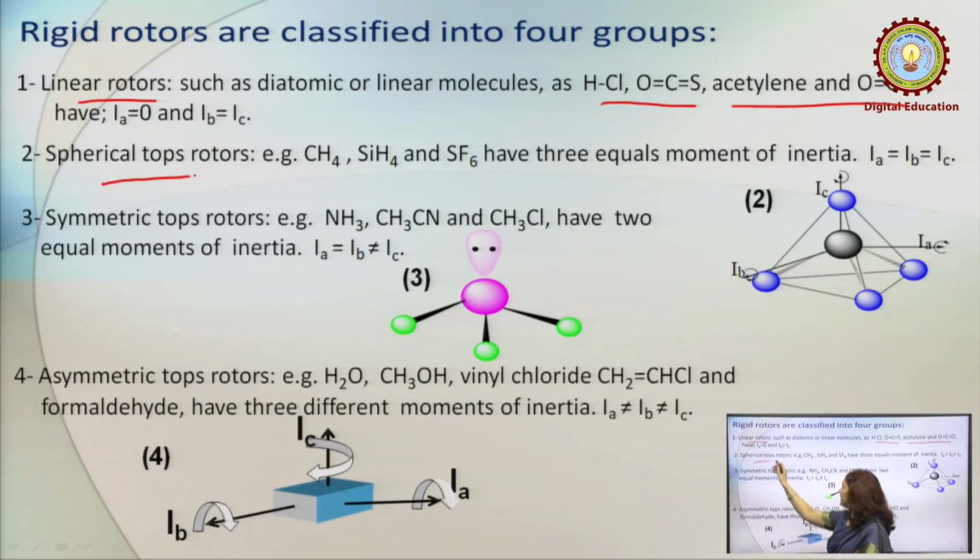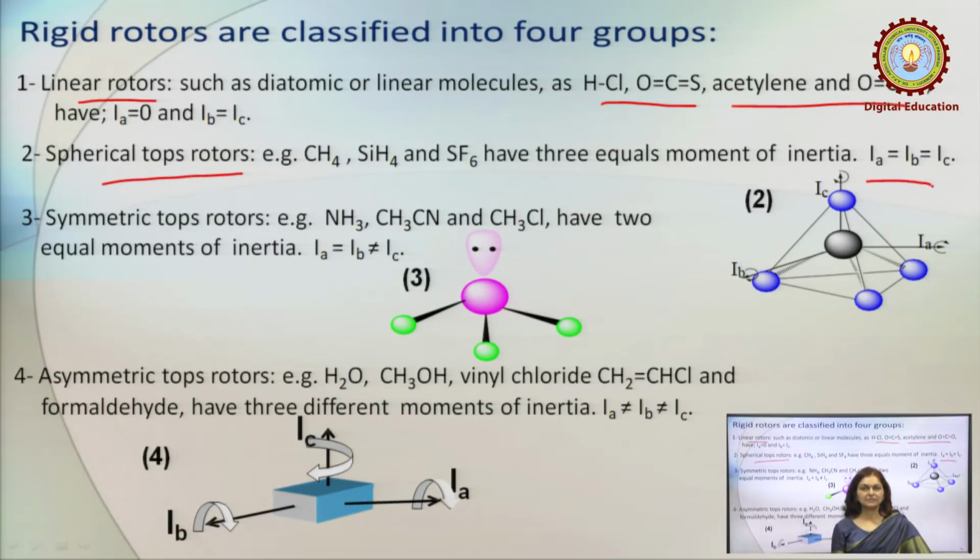Second type is spherical top rotors. For example, methane and SF6 have 3 equal moments of inertia. It means along x, y and z, their moments of inertia are equal.